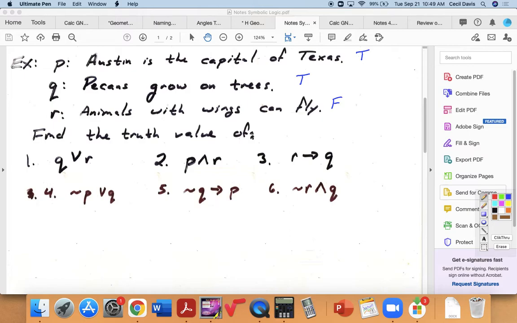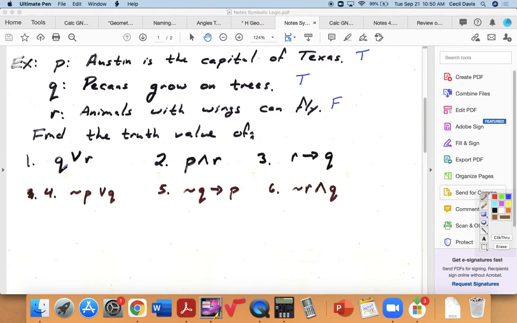All right, so let's find the truth value of each of these. So Q, and what is this a symbol for? Or. Q or R. If you really want to get snotty about it, you're supposed to read it Q disjunction R, but almost no one does. Everyone says Q or R. So is Q true?